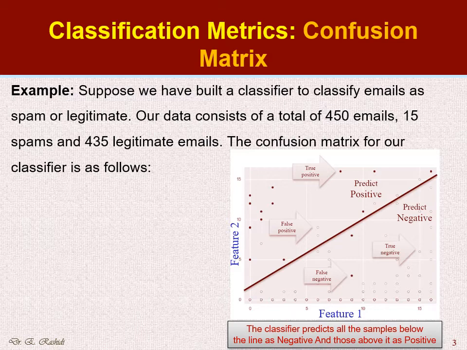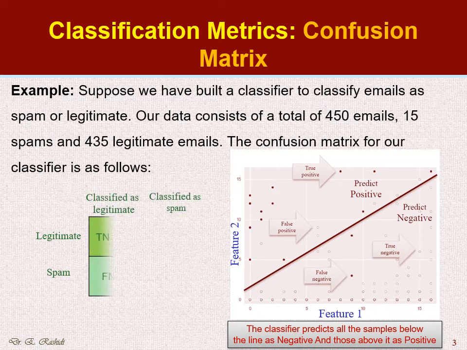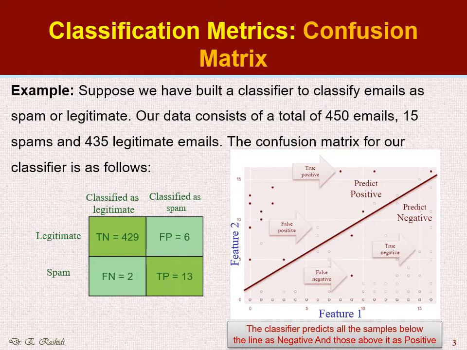All right, so based on this output, we can actually build the confusion matrix. You are familiar with the confusion matrix, the true positive, true negative, etc. So here, as you see, on the rows we have the actual labels. So legitimate, that means that it's negative, and a spam, that means it's positive or true.